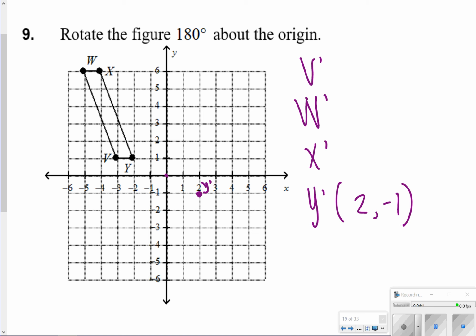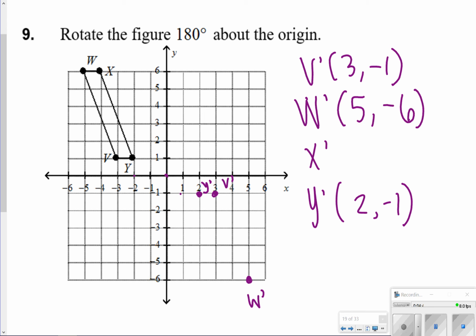So V, let's start there at the top. I had to go down 1 and over 3 to get to the origin. So I'm going to continue to go down 1 and over 3 on the other side. V prime is at 3, -1. Let's start with W. Down 6 over 5, so we'll keep going down 6 over 5 for W. That one is 5, -6.